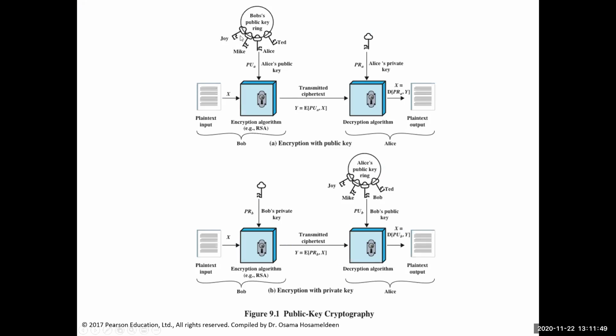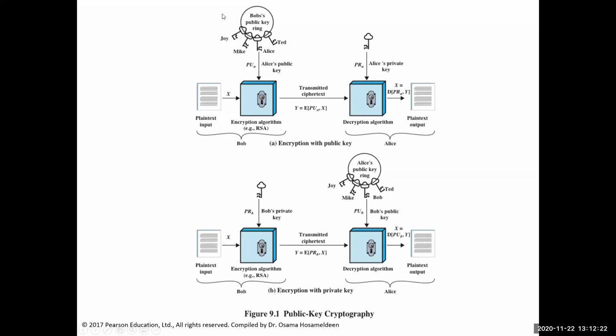These are Bob's public keys, and Alice takes one of the public keys and makes encryption on the plain text and transfers the ciphertext. This is Alice's public key. So Bob has Joe's public key, Mike's public key, Alice's public key, Ted's public key.